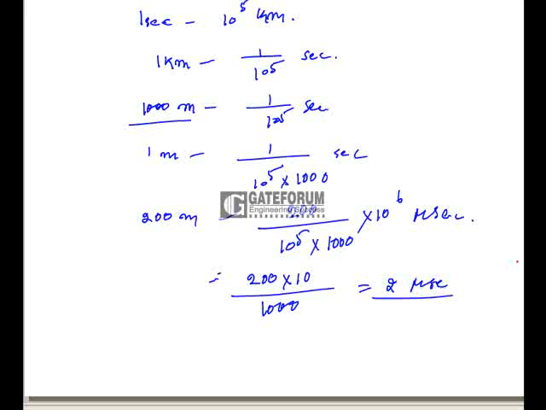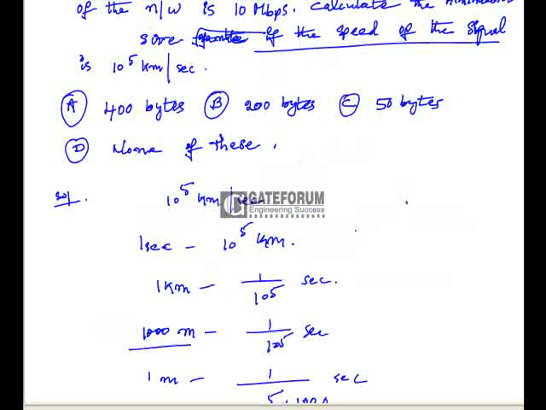So this is the propagation time. 2 microseconds is the propagation time. And then the round trip time will be 4 microseconds. What is the bandwidth of the network given? It is 10 Mbps. So for 1 second, 10 into 10 power 6 bits.